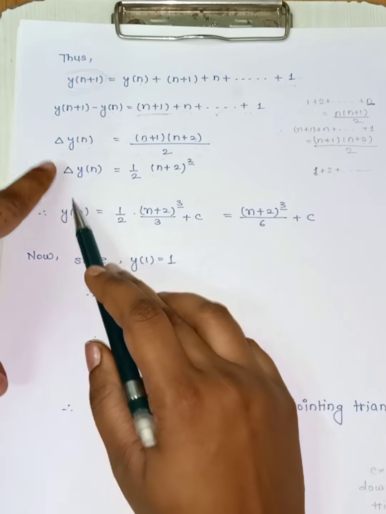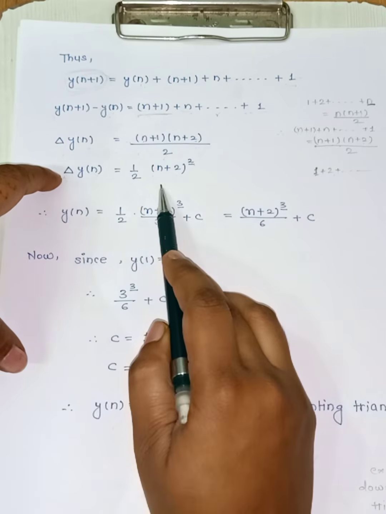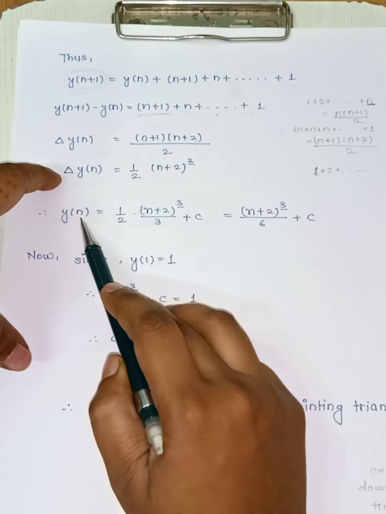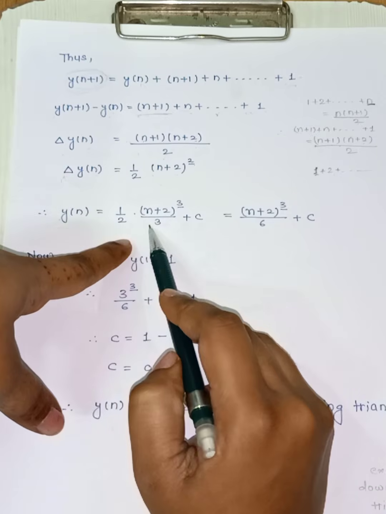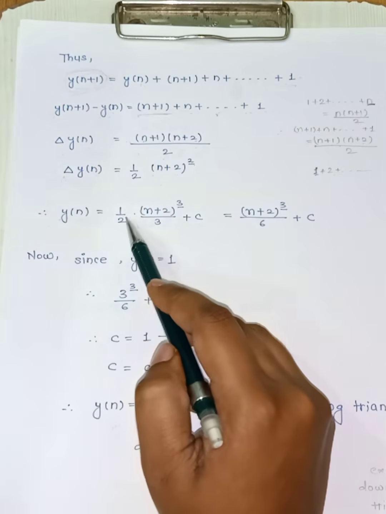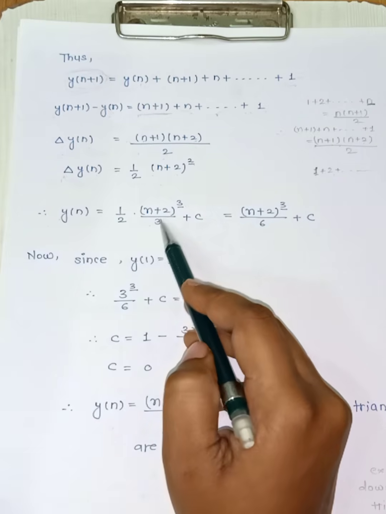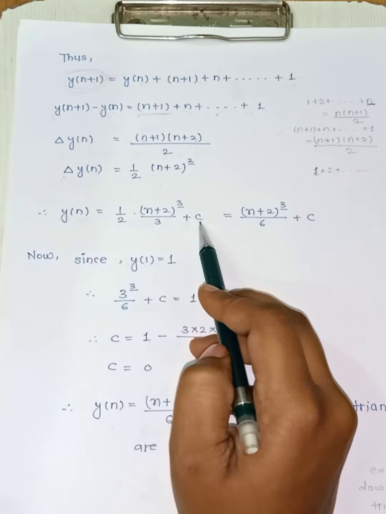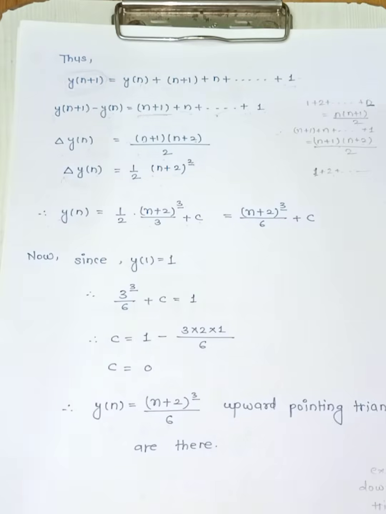Therefore, if we shift this here, we can write y of n, and it becomes the summation. So what it gives: 1 by 2 into (n plus 2) to the falling 3 by 3 plus c. And we had to count the number of equilateral triangles which are upward pointing.